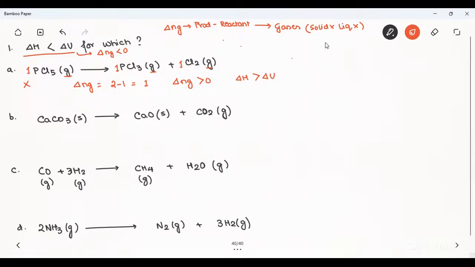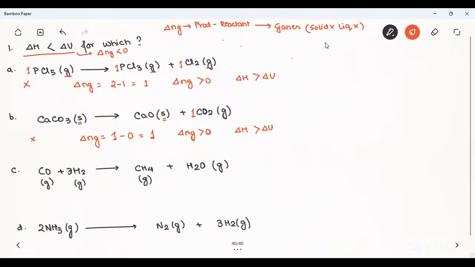Okay, next. This is solid. Now, how to calculate delta Ng for solid? This is also solid. This is 1. So it will be 1 minus 0, which is equal to 1. So here also delta Ng greater than 0 means delta H greater than delta U. So this will also not be correct.